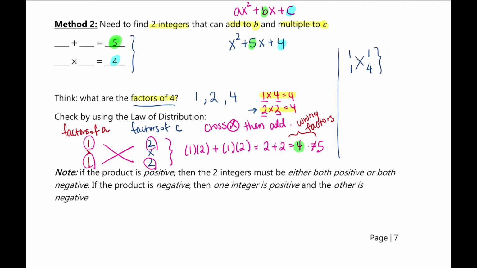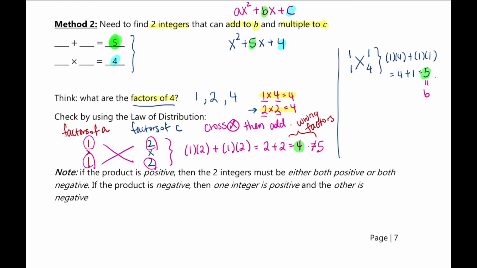So we get 1 times 4 plus 1 times 1, which equals 4 plus 1, and that equals 5. And this value corresponds to this one over here. So our factors are correct.